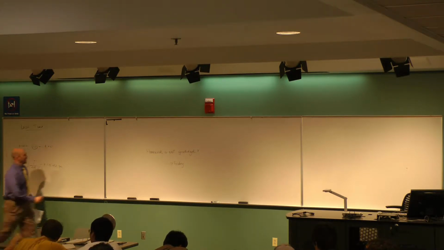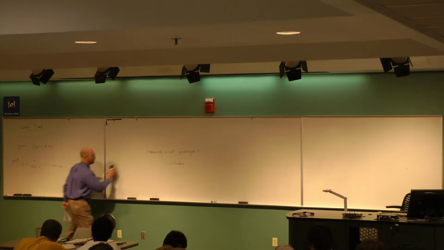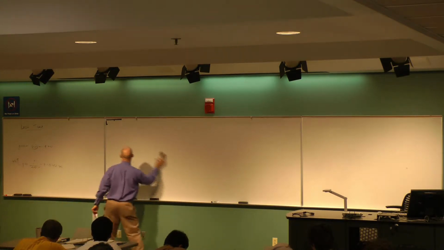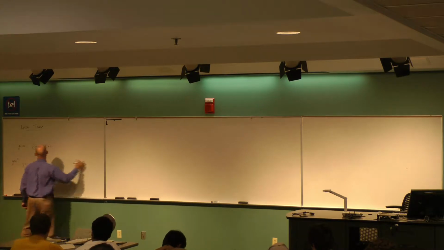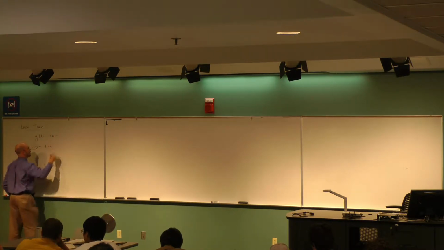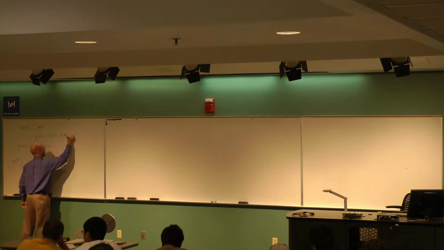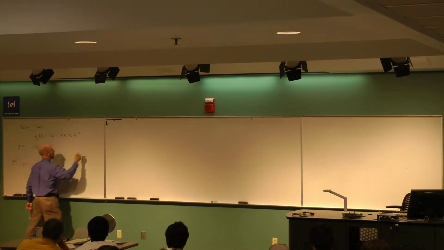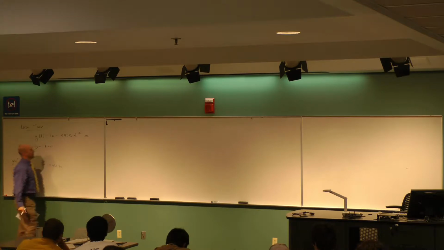What we said is that y as a function of time was actually a quadratic equation. So y of t was 1.0 minus 4.905 t squared, and that was in meters.